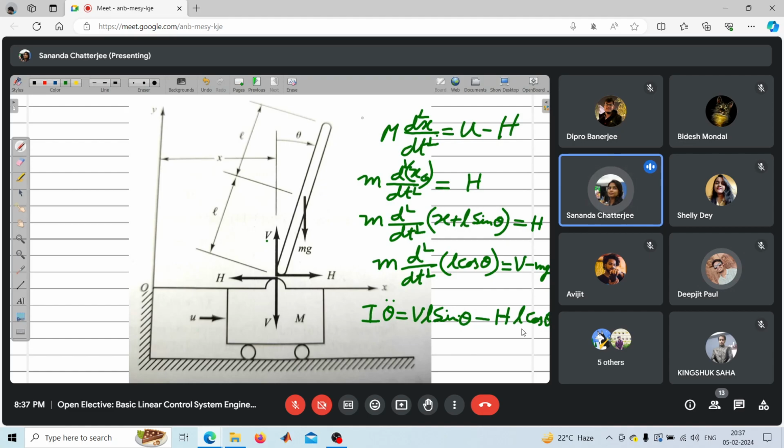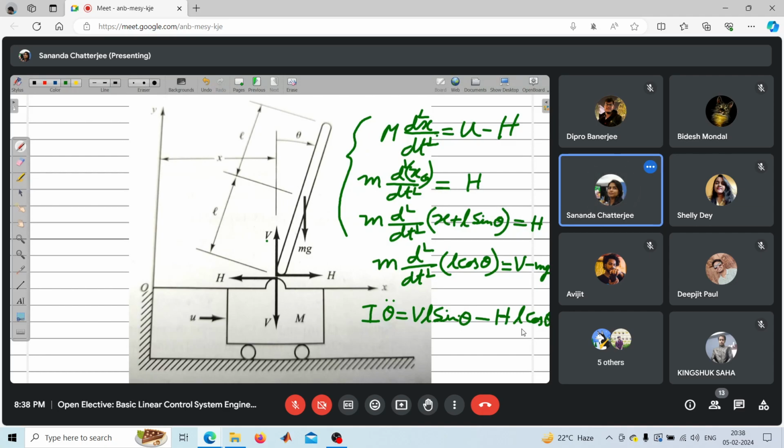Okay. So we will simplify these equations. These are the equations of motion. And now can you tell me whether this system is linear or nonlinear by seeing the differential equations involved? What are the energy storing elements? You already told me that the mass capital M and the mass small m are the energy storing elements.